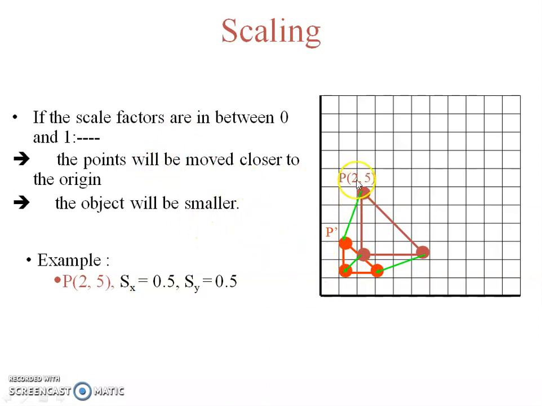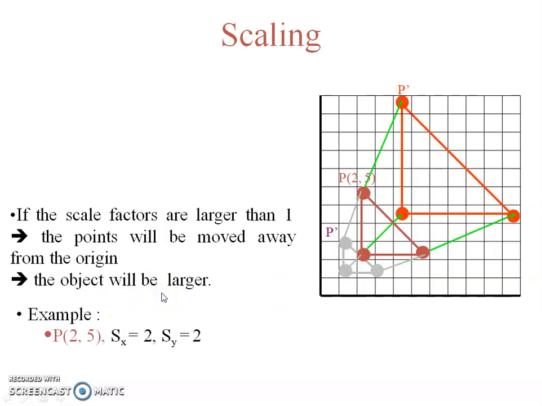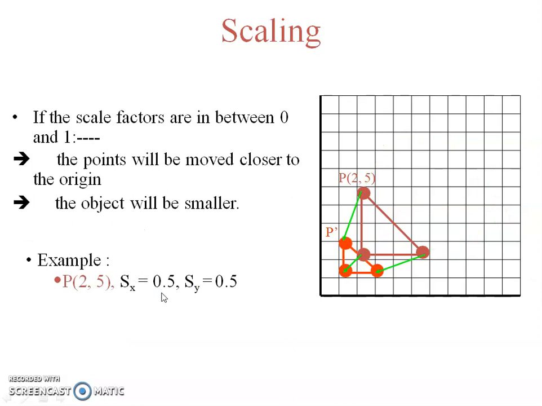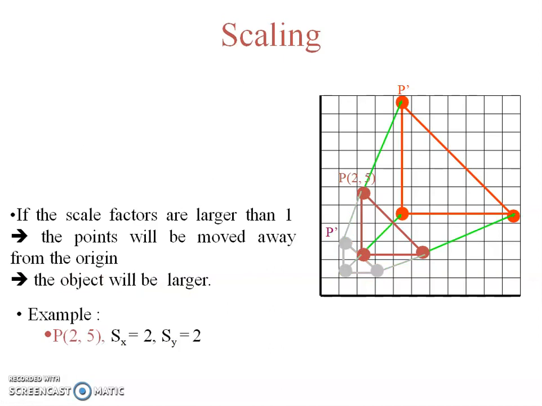Here the original one is P of coordinates (2, 5), and it is moved to P dash. Here, for example, P of (2, 5) with scale factors Sx and Sy equal to 0.5, which is less than 1, the output is moved towards the origin and will be smaller than the original one. If the scaling factors are larger than 1, the points will be moved away from the origin. The object will be larger.